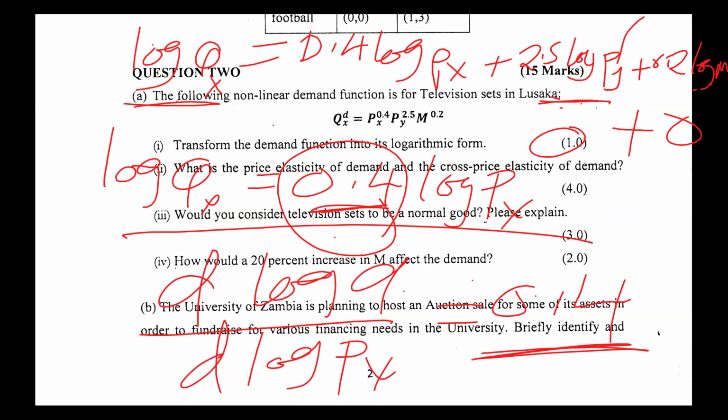Those are the rules of logarithmic functions that were covered in business mathematics. You get the constant, as simple as that. So this is the price elasticity of demand, and we've seen it is 0.4.